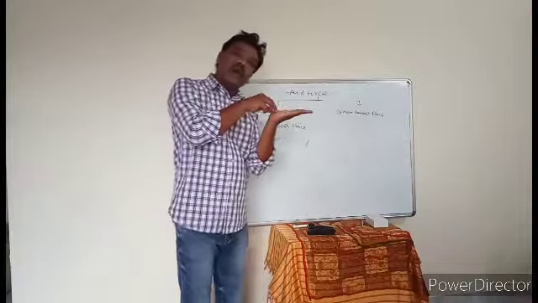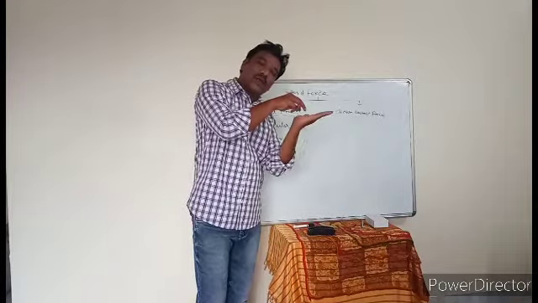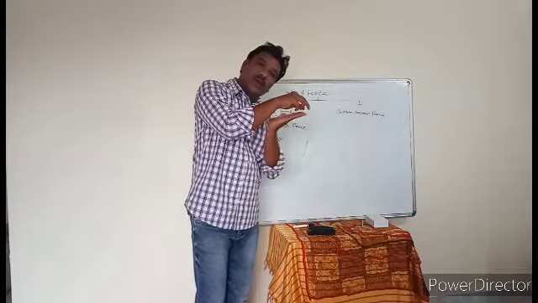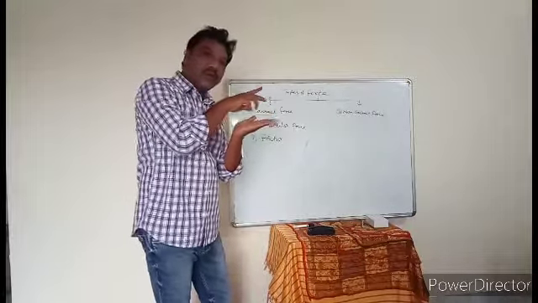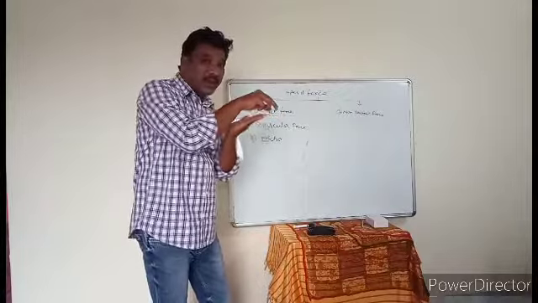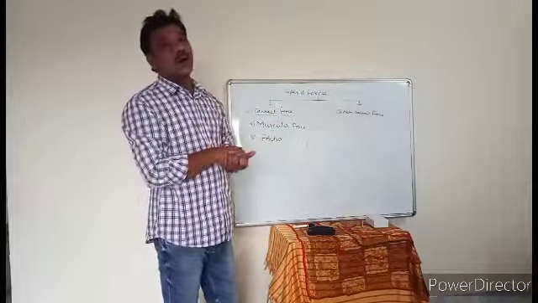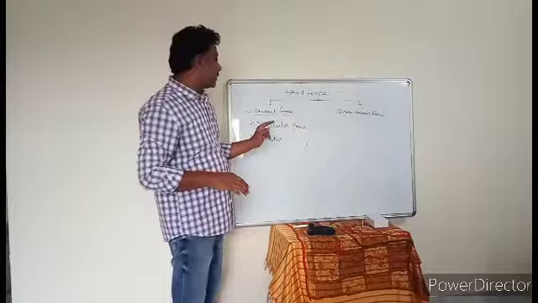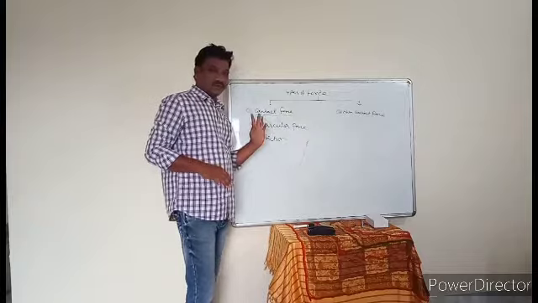When the marble wants to move in the forward direction, at that time the friction force will apply on this marble in the opposite direction. Due to that, the marble's speed will be reduced. That means it is opposing the motion of the object. Such a type of force is called the frictional force.